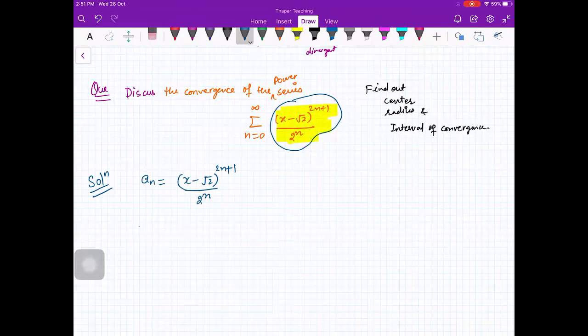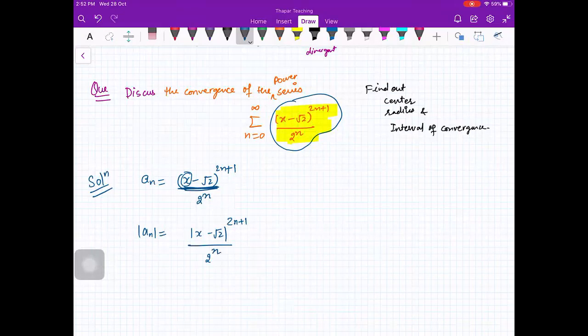So mod of an will be mod of x minus root 2. Some students were saying, ma'am, this is positive, but this is not positive because we don't know what x is. x is any number on the real line. So that is why it is important to take modulus. 2n plus 1 upon, anyway the denominator is positive, 2 raised to power n.